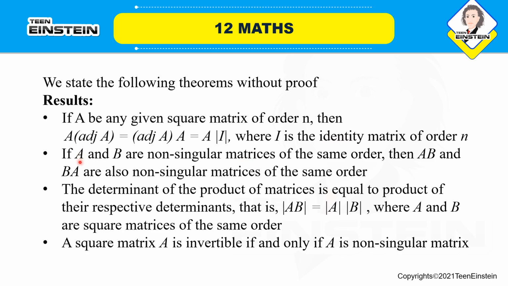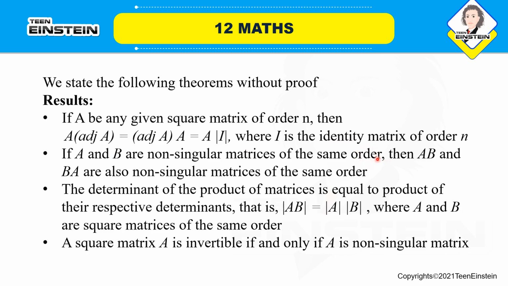Here A and B are both non-singular matrices, which means that determinant A is not equal to 0 as well as determinant B is not equal to 0. And both are of the same order, right?